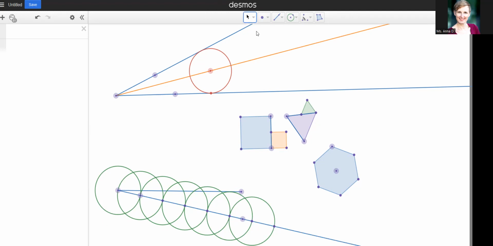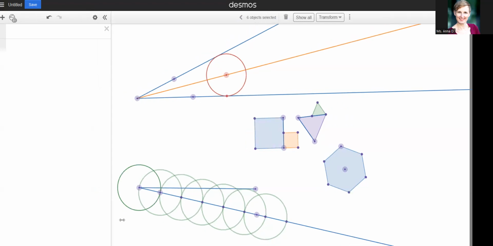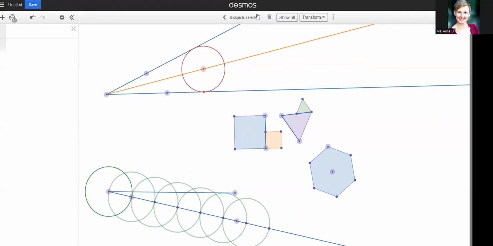Interestingly enough, I don't need circles anymore. I can hide them. I only need the points that they created for me, the distances that they measured for me. Did I unhide them all? I want to hide them.